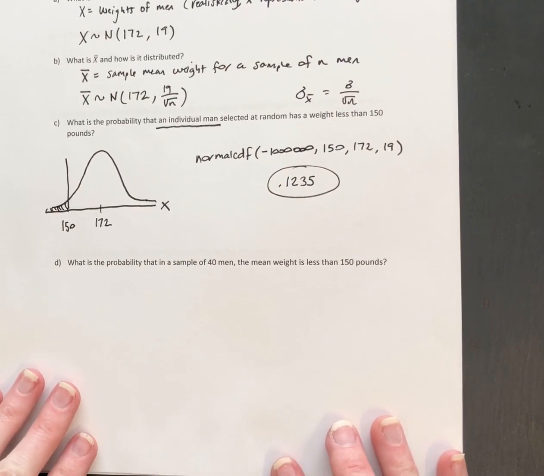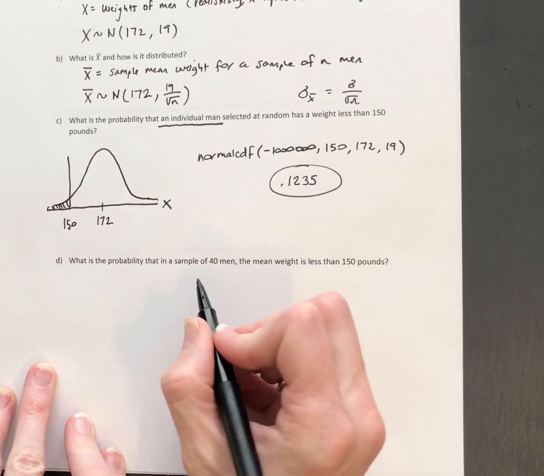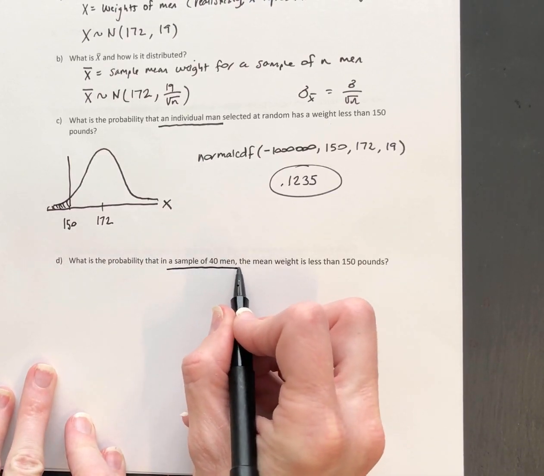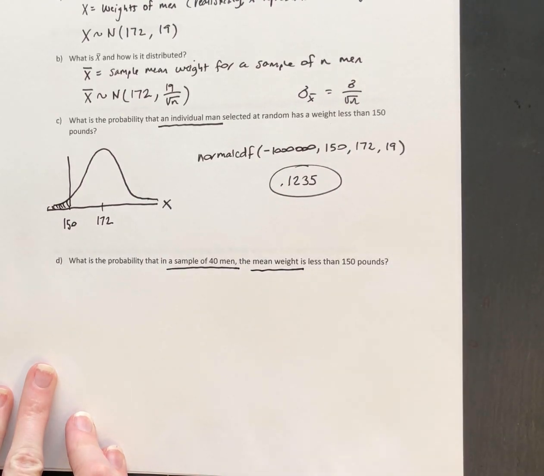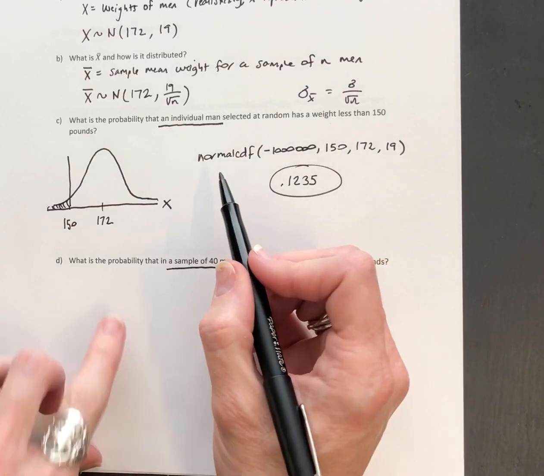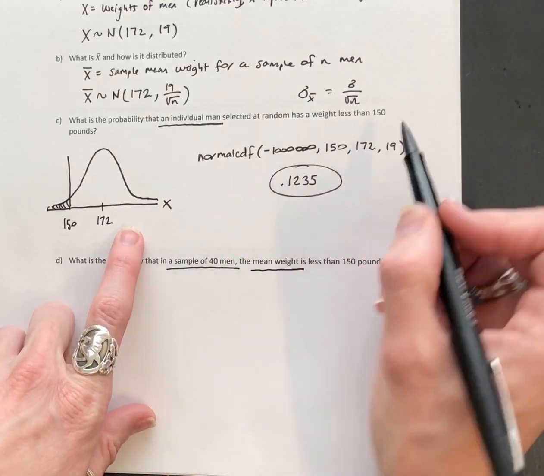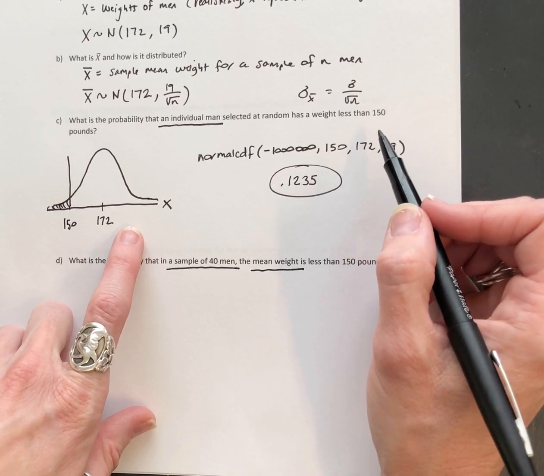What we're going to do differently here in part D is we're changing the question. So D says, what is the probability that in a sample of 40 men, the mean weight is less than 150 pounds? So we still have the same weight, but we're not looking at one man and finding the probability that we happen to get one person who weighs less than 150.